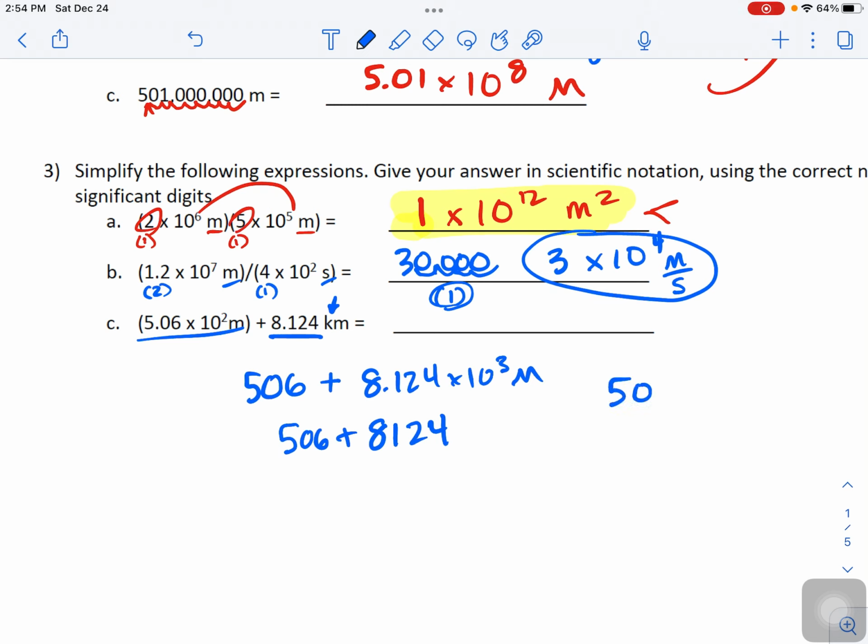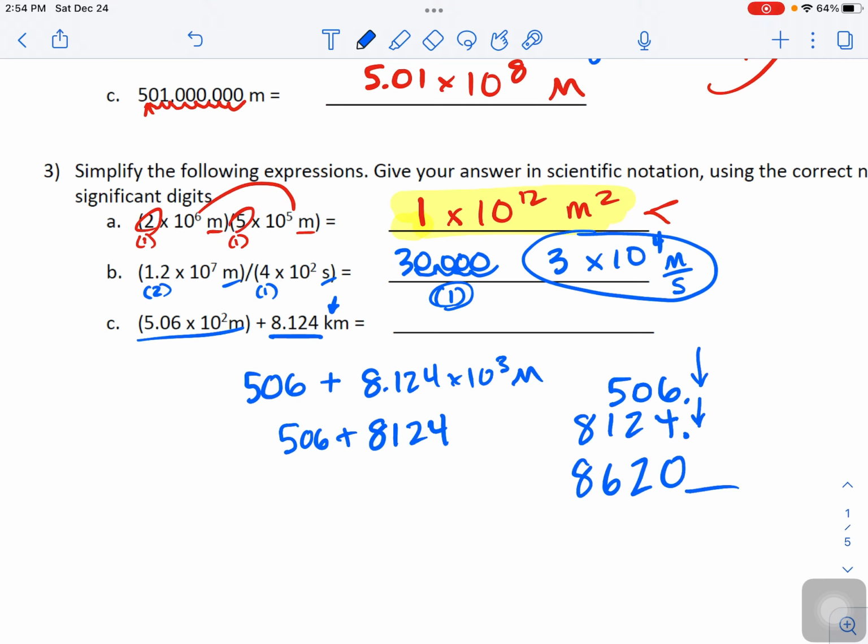And in addition and subtraction, what I'm always going to suggest that you do is that you line up the decimal places in each of these, 506, 8,124, and then you do the arithmetic, 2, 6, 8, and it looks like there's nothing recorded in the tenths place on either of these, so I won't have anything recorded in the tenths place in my sum of those.